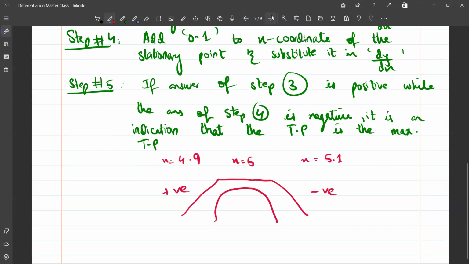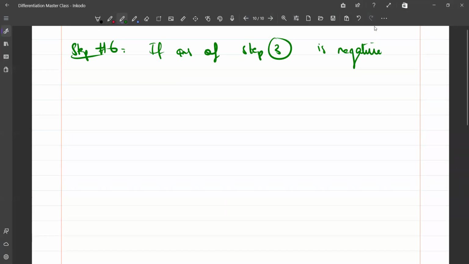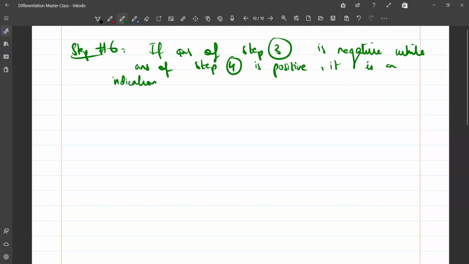Now, similarly, step number 6 says if the answer of step 3 is negative, while the answer of step 4 is positive, it is an indication that the turning point is a minimum turning point.